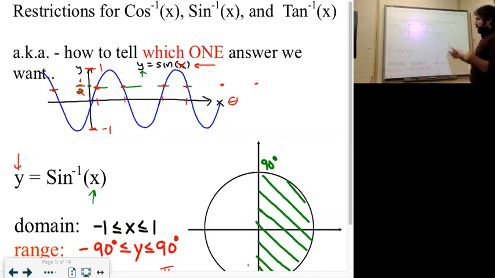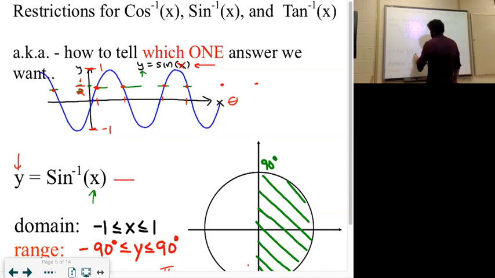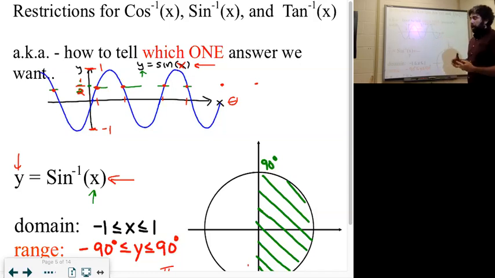When we work with the inverse function here, we want our inverse to actually reflect a function, basically.